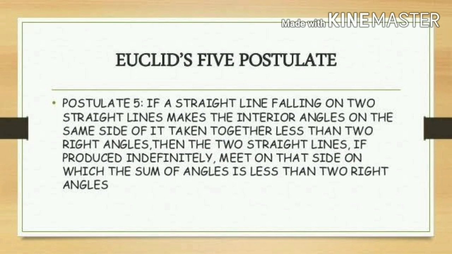It states that if a straight line falling on two straight lines make the interior angle on the same side of it as two right angles, then the two straight lines, when produced indefinitely, meet on that side on which the sum of angles is less than two right angles, that is 180 degrees.